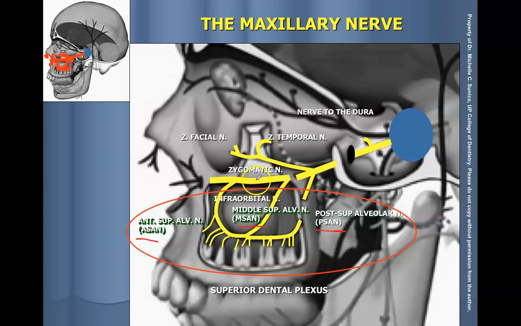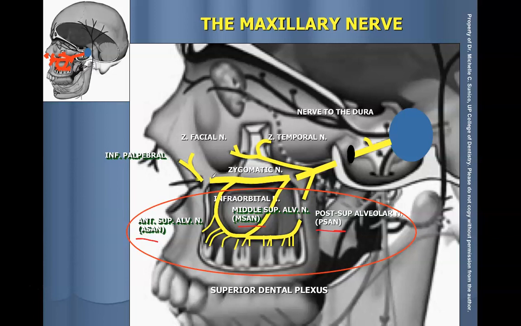Now, the infraorbital nerve will exit the infraorbital canal through the infraorbital foramen by three terminal branches. One branch goes up, and that is the inferior palpebral nerve. Again, this is a Latin term; the Latin for eyelid is palpebra. So the inferior palpebral nerve is the sensory innervation for the lower eyelid.